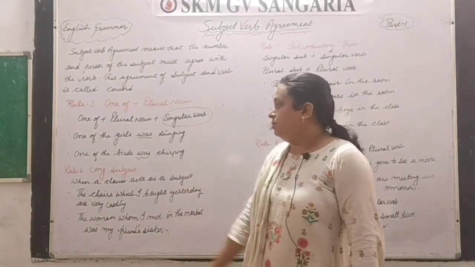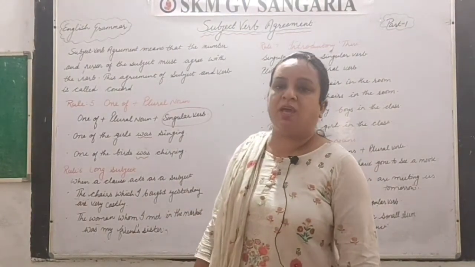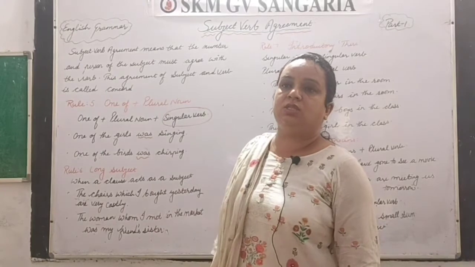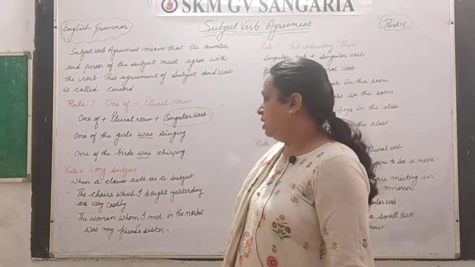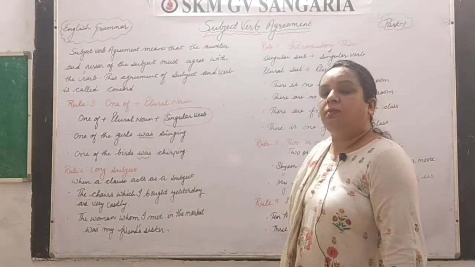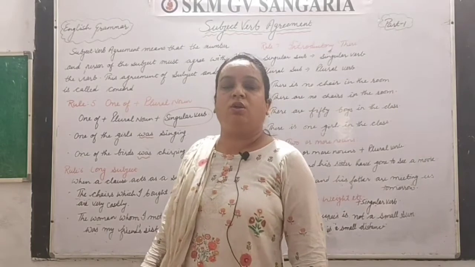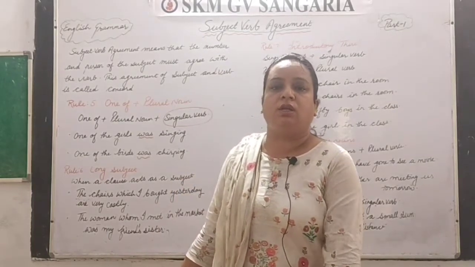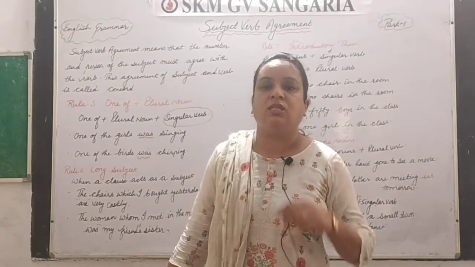Rule number 6 is, when there is a long subject given to you, it may happen that the subject is a group of words, that may be a phrase, or in some cases a clause. The subject may be given in one clause and the helping verb you have to use in the second part of the sentence, in the second clause.